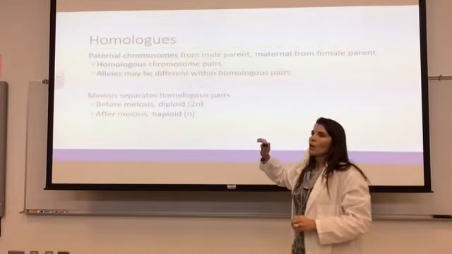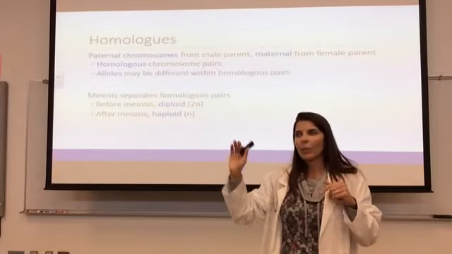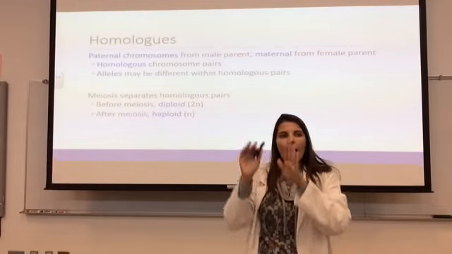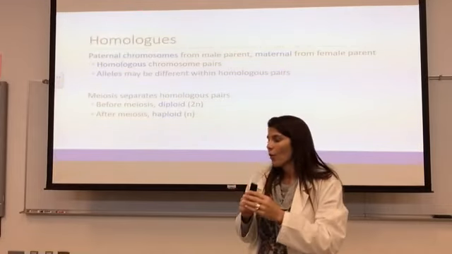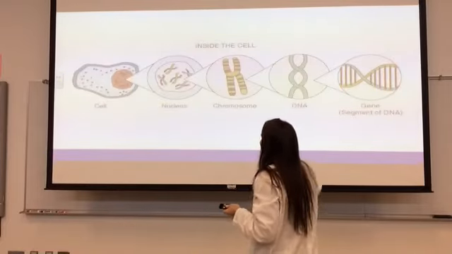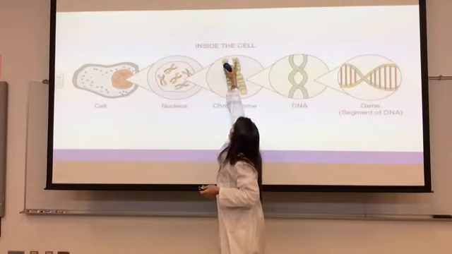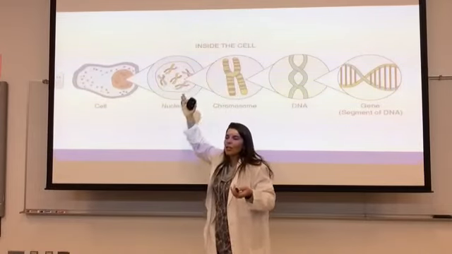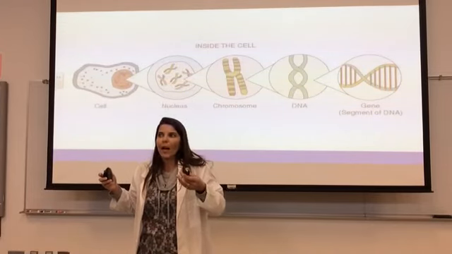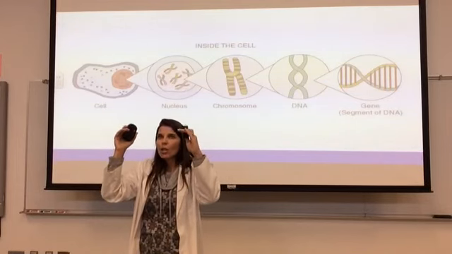So let's say you get chromosome 1 from mom and chromosome 1 from dad. On that chromosome, there's one gene from each parent. It's the same gene. Did you get a hair gene from mom? Yes. Did you get a hair gene from dad? Yes. So I have the two chromosomes, two genes.